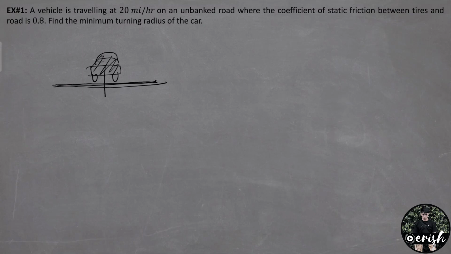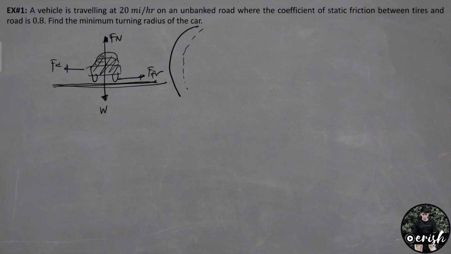Merong weight dito. Draw natin yung forces, or pwede rin free body diagram. And merong normal force dito na perpendicular sa surface. And habang nagtatravel siya papaganito, meron siyang nararamdaman na centripetal force or yung Fc, and yung frictional force dito na paganito.